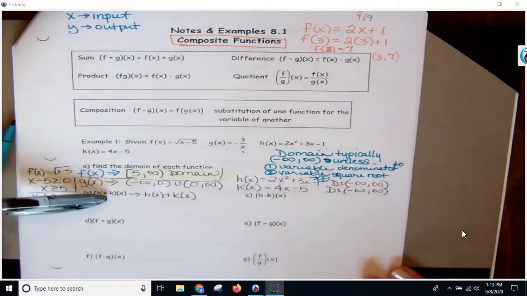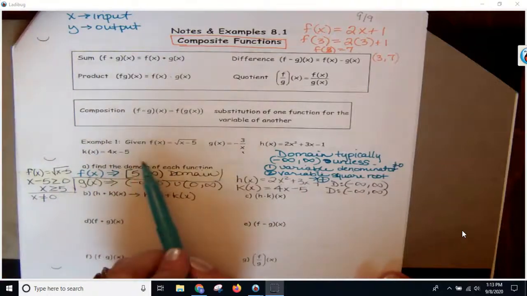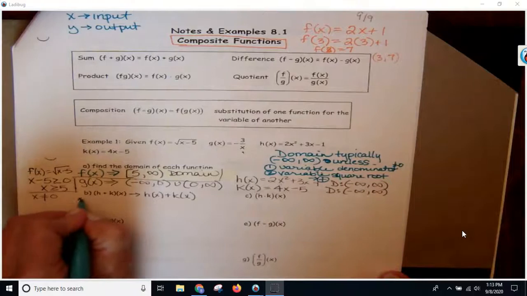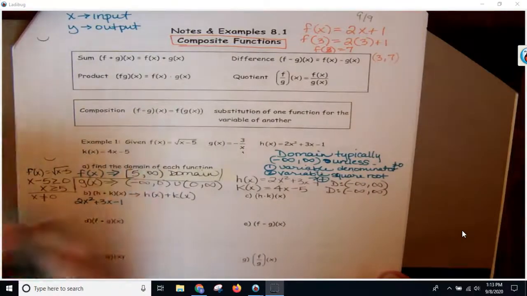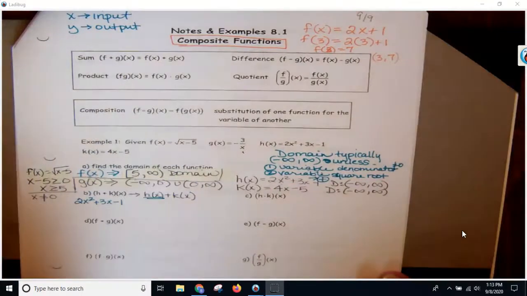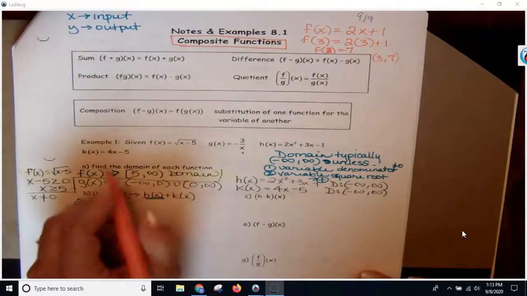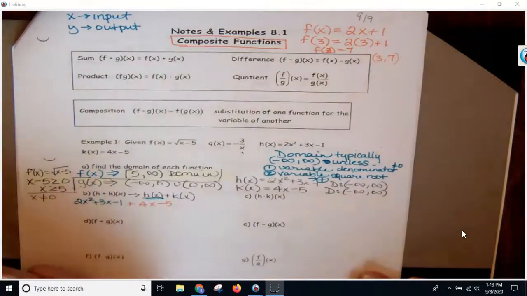These are synonymous. So to work that out, h of x is 2x squared plus 3x minus 1. That's my h of x, plus k of x, which is 4x minus 5.